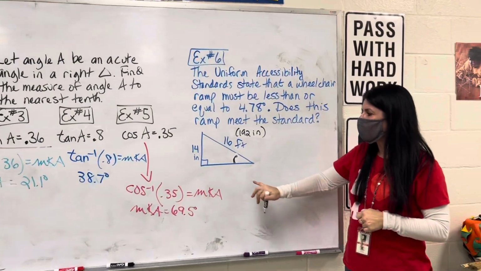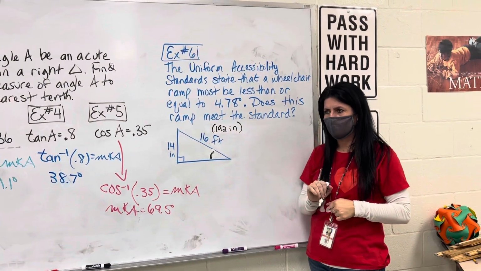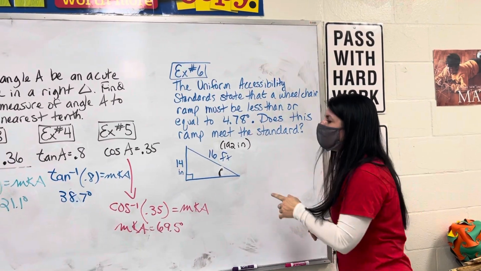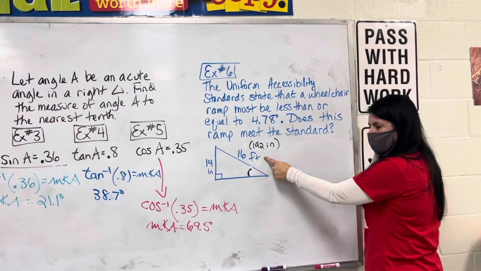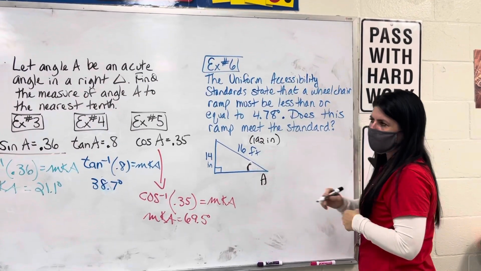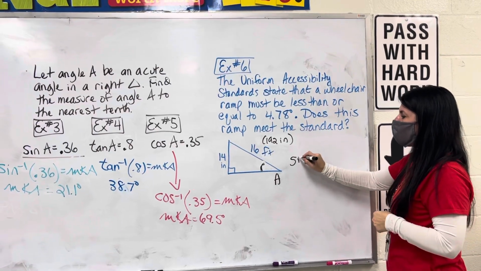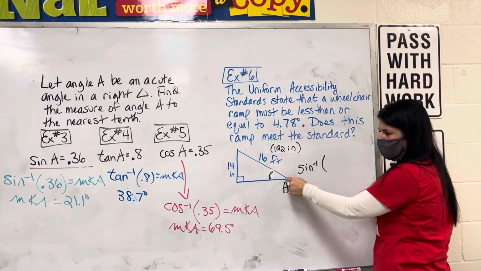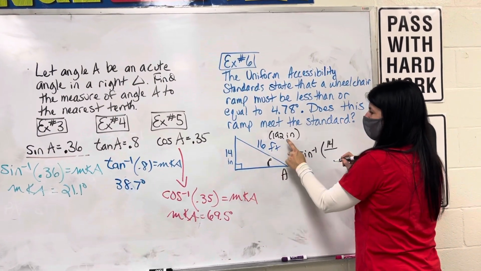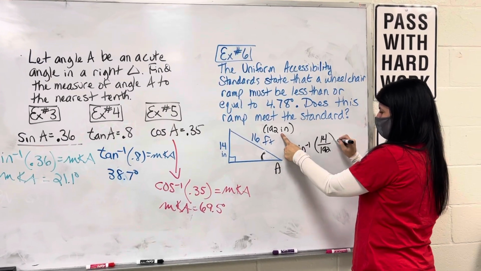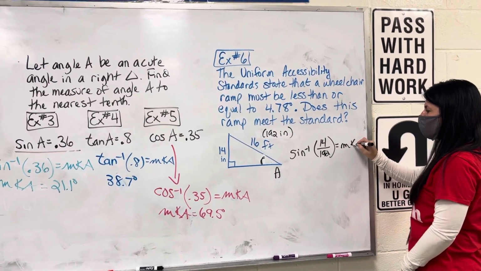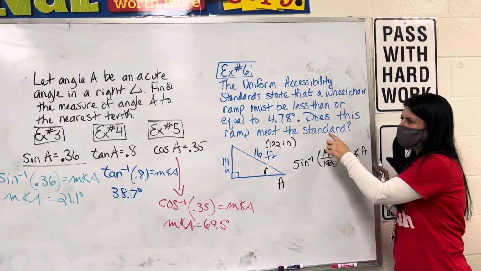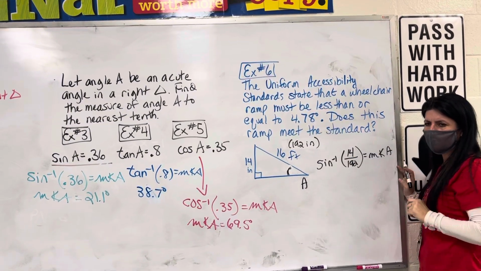What function are we going to use to figure out this angle measurement? What inverse function, I should say? Sine. It's sine, because sine is opposite over hypotenuse. I'm going to label this as A to keep things simple. So I'm going to do inverse sine. This is the angle I'm looking for. Opposite over hypotenuse, and that result will give me the measurement of angle A. So when you put this in your calculator, it's rounded to 2 decimal places because that's what this one is.